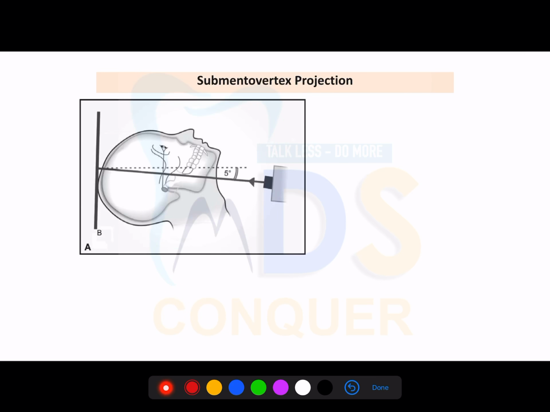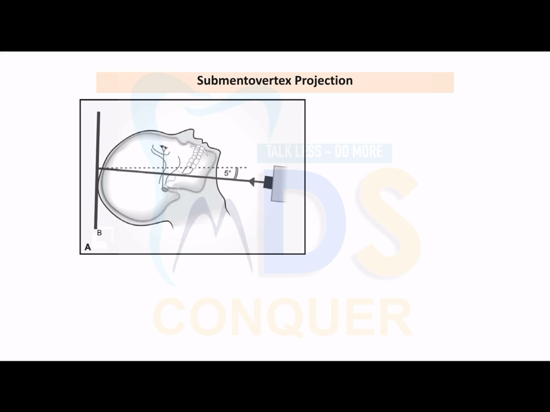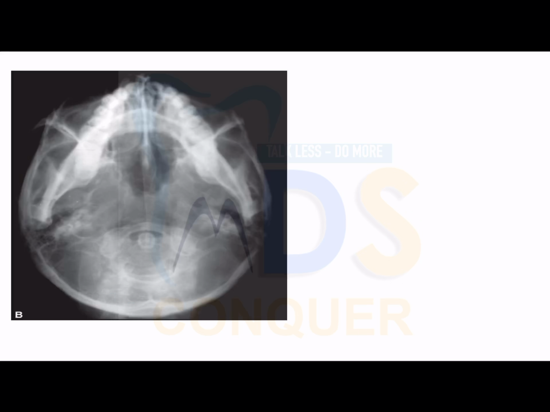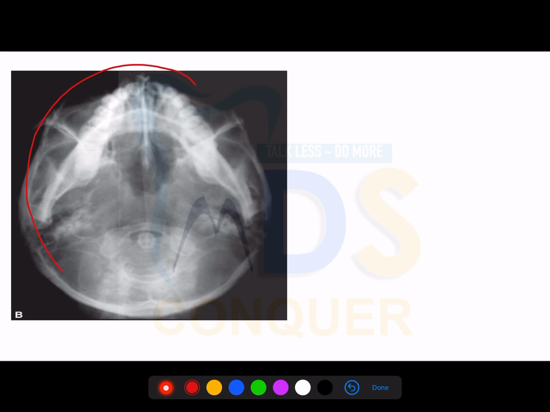And this is a submental vertex view. You can see that the central ray is passing from the submental region to the vertex, and the angulation here is 5 degrees. Why is this submental vertex projection used? Mainly to evaluate the base of the skull. This is the radiographic view of the submental vertex projection.